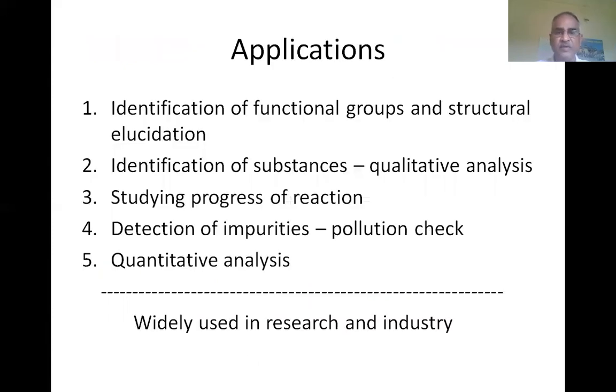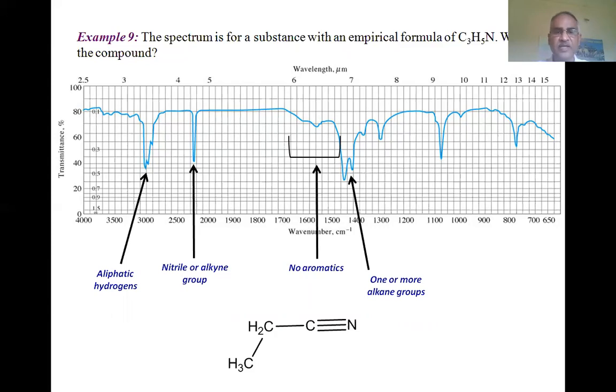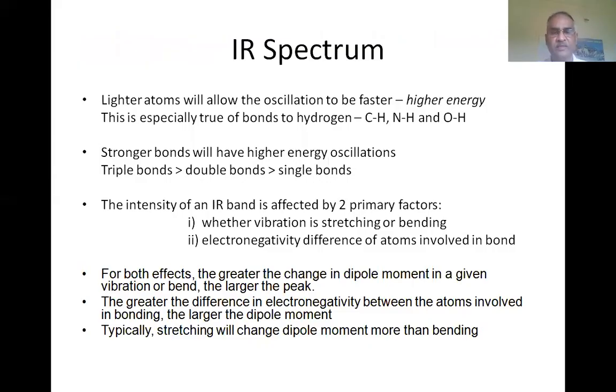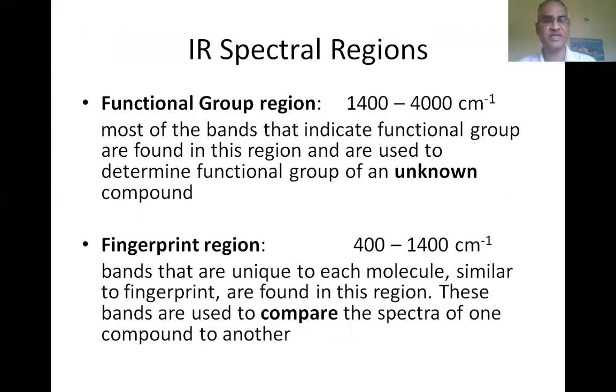So that is how the interpretation of an infrared spectrum is done. Each peak is assigned its functional group depending on where it is present, in the functional group region or the fingerprint region.